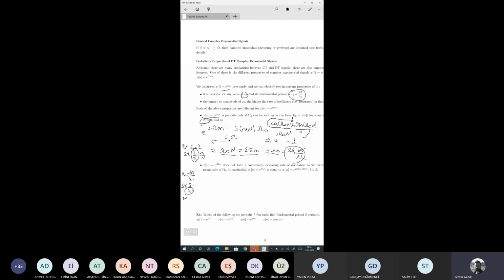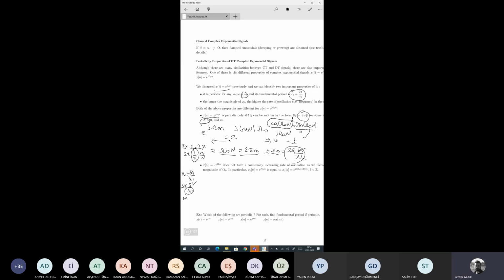So the critical thing is, if you have e to the power j omega 0 n, then it requires that you must write omega 0 as 2 pi times m over N. So this is periodic, but this is not. Remember, in the continuous case, if you increase frequency omega 0, then it implies that your rate of oscillation is increasing.